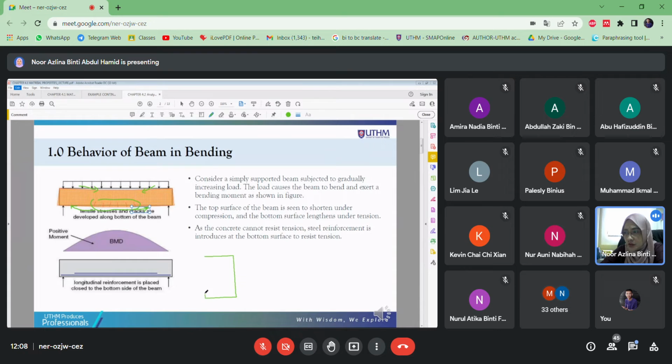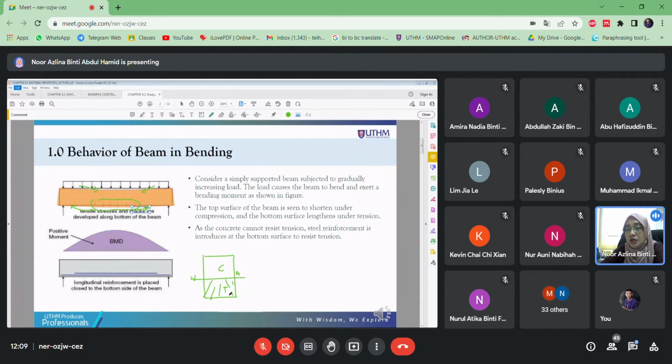Remember, for this concrete, we have a centroid and also the neutral axis that separates compression and tension. Remember, concrete is very good in compression, not good in tension, because tension is the weakest part of the concrete.